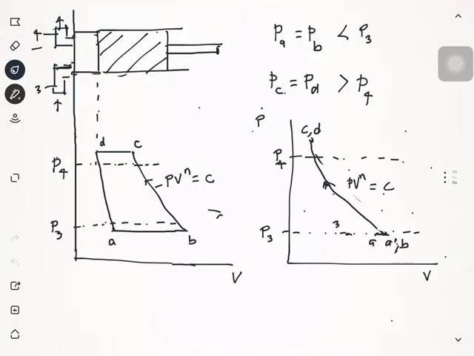This is the compression and the expansion curve: expansion going down and compression going up. Thus, we may conclude that the net work required to compress the clearance vapor in foot-pound per pound is 0.